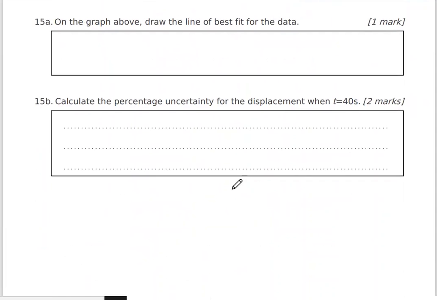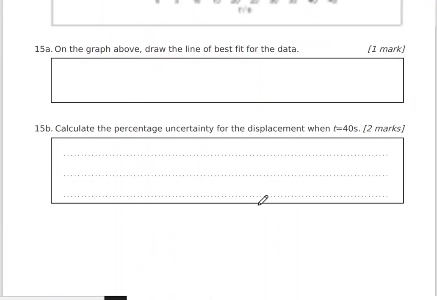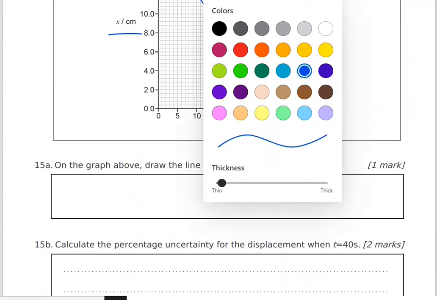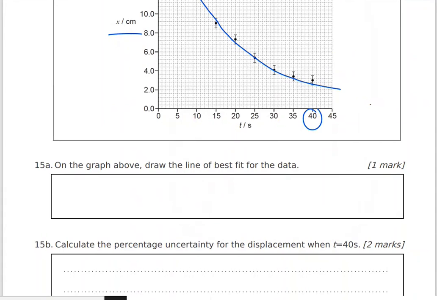Next, calculate the percentage uncertainty for the displacement when t is 40. When t is 40, you can go and read the value of displacement here. From 0 to 2 is 2 divided by 5 squares. So 2 divided by 5 gives us 0.4.